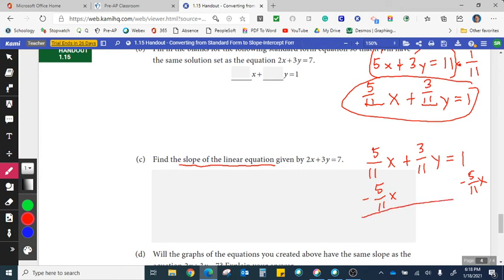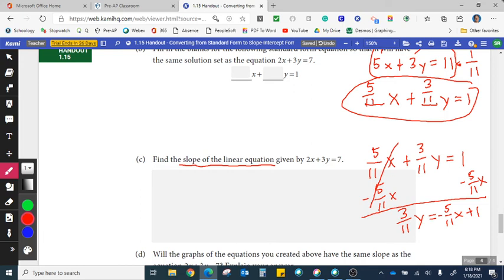These will cancel out, and I get 3y, or 3 over 11y, equals negative 5 over 11x plus 1. I'm almost there. The only thing is I don't want to know what 3/11ths y is.